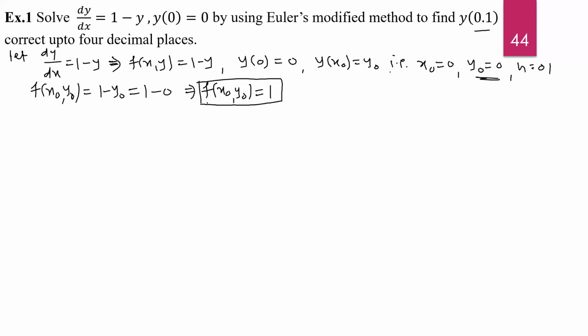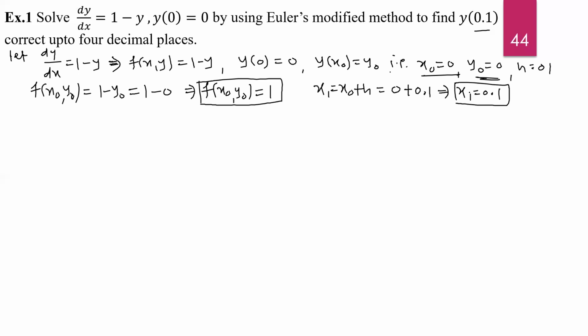Now, also we find x1, y1. So this is the value of x naught. How do we get x1? X1 is obtained by x naught plus h. That is, x naught is 0 and h is 0.1. So x1 is equal to 0.1.